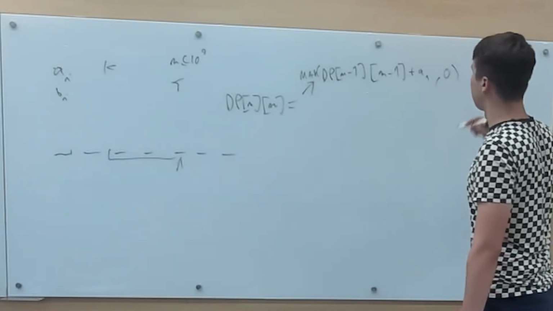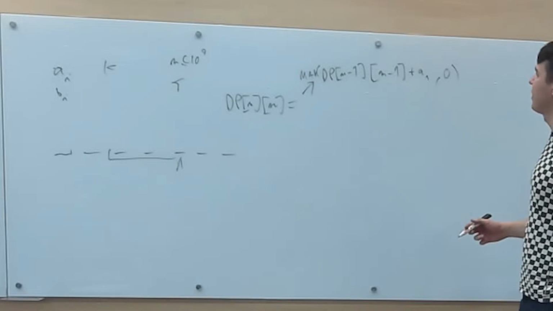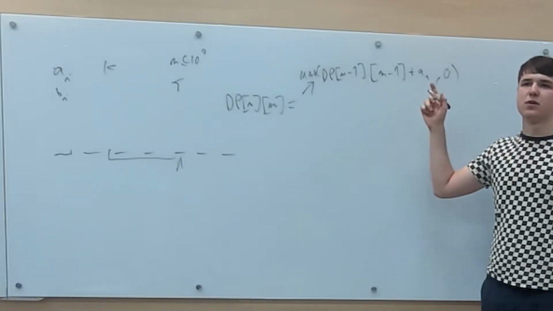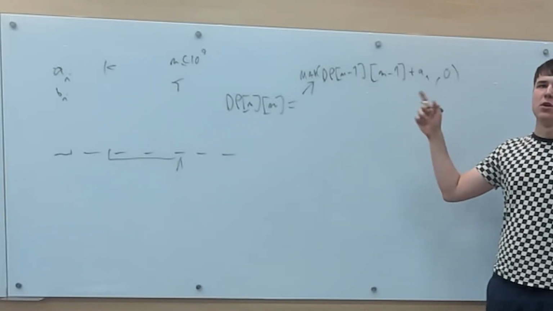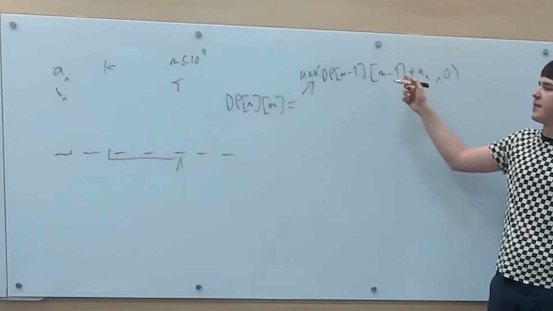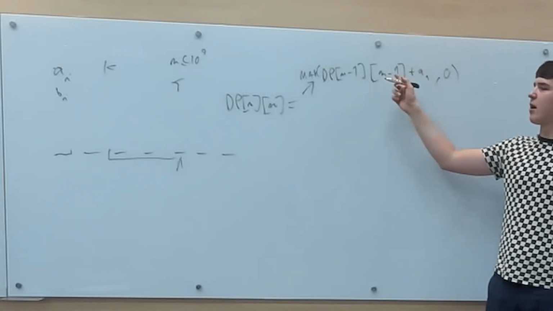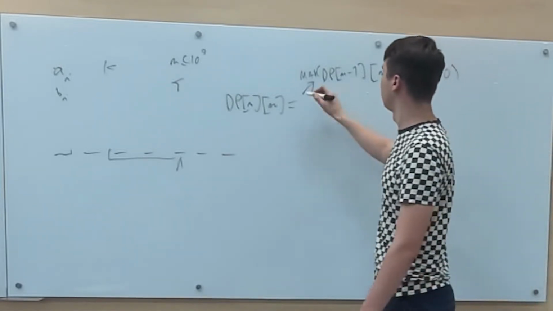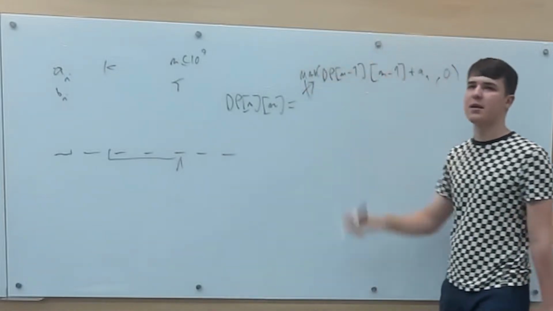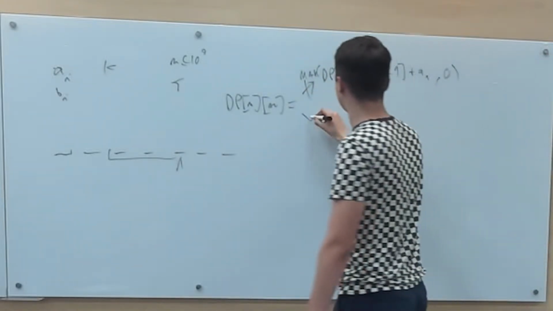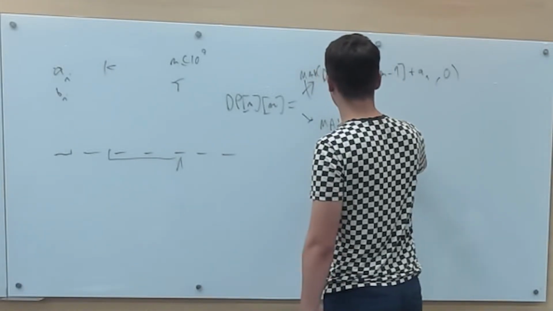And we also need to check if this sum does not exceed our t, because if this sum exceeds our t, then we do not consider this case. And an analogous thing for the second guy.